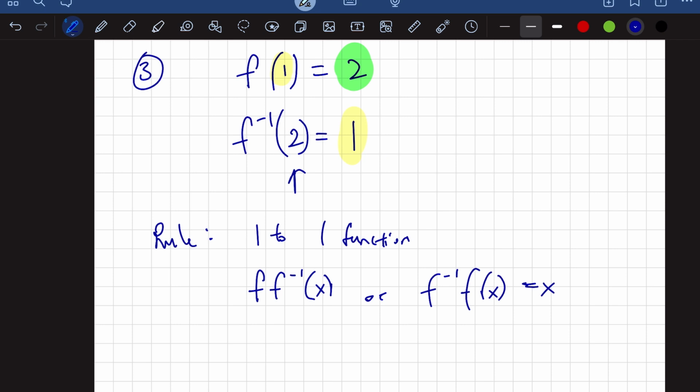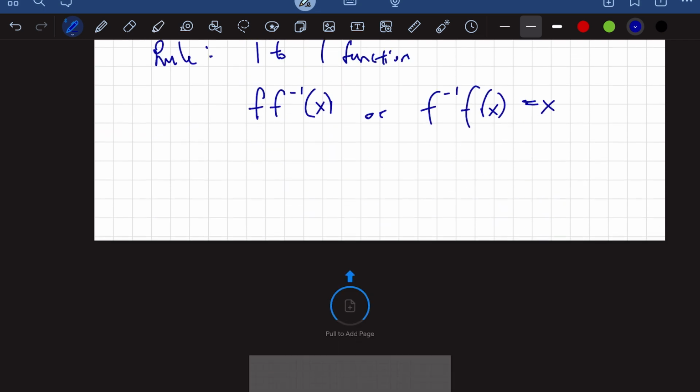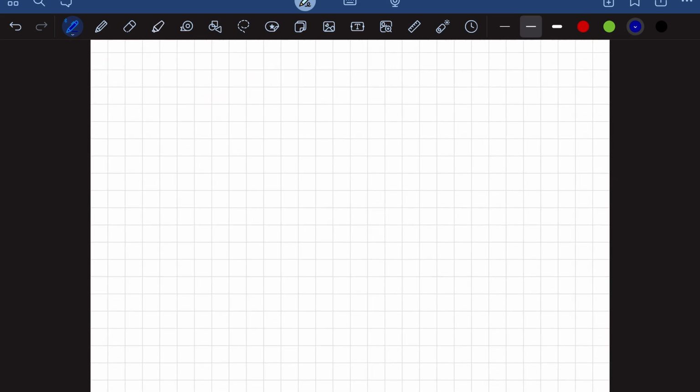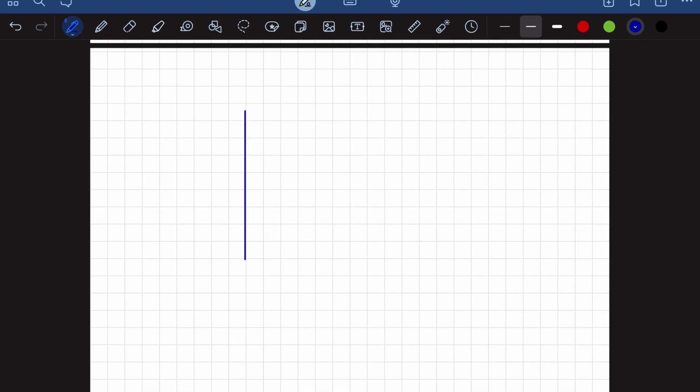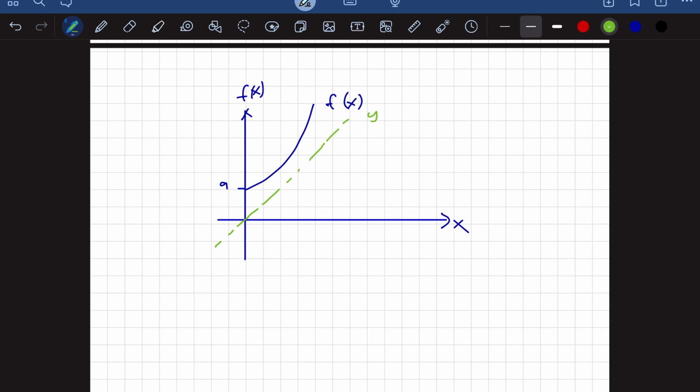The next part is how do we sketch an inverse function? Now, I briefly mentioned it earlier on. So for the original function and the inverse, I'm not going to sketch a full graph, but I just want to share with you the concept. Let's say my original graph is this, and cuts at A here. Now, the inverse function itself will be the reflection of the original graph along this y equals to x line.